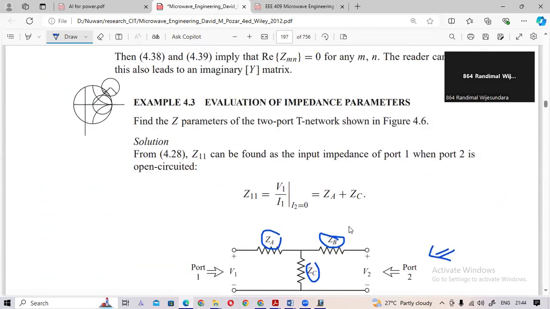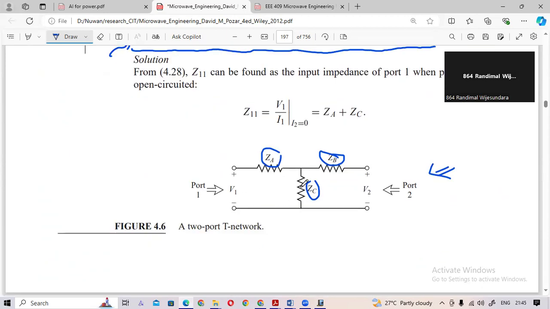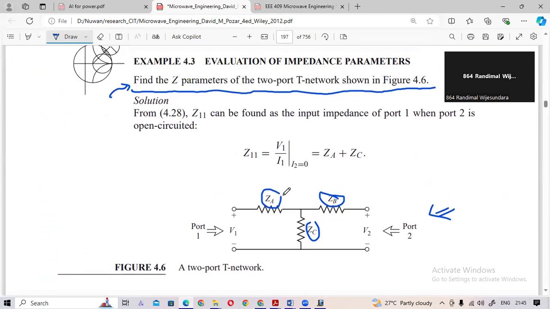Find the Z parameters of the two-port network shown in figure 4.1. So they ask us to find the Z parameters. That means you have to find Z11, Z12. This is a two-port network, that means there are two voltage values and two current values.